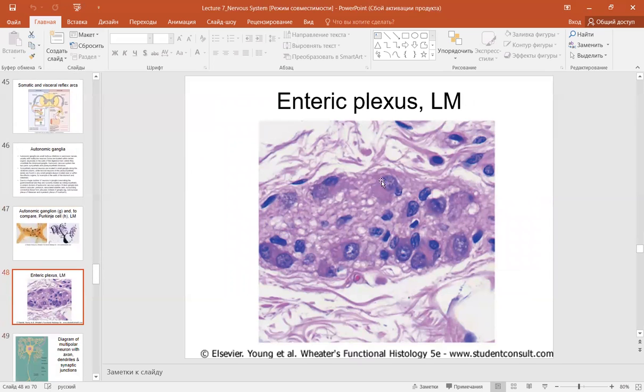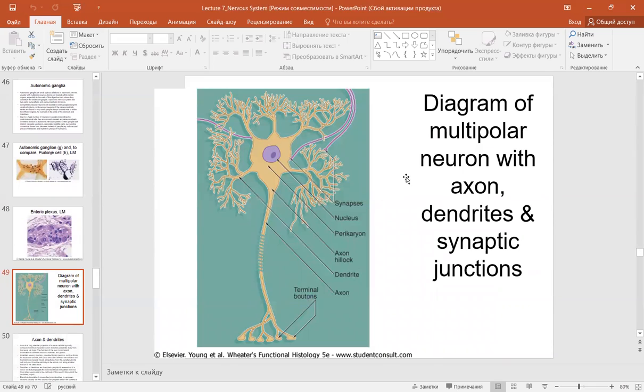Then you have the enteric plexus consisting of nerve cell bodies surrounded by satellite cells, fibers, and fibroblasts, forming the enteric plexus in the submucosal layer of the gastrointestinal tube. Here is the diagram of the multipolar neuron with axon, dendrites, and synaptic junctions.